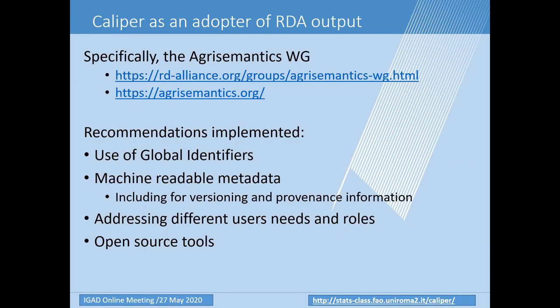I want to mention a few: the consistent, thorough use of global identifiers over the web, and that all metadata is machine readable, including versioning and provenance information. We also pay special attention to addressing the needs of different users playing different roles in the production chain, from editors to casual users interested in looking up data, and the open source tools.